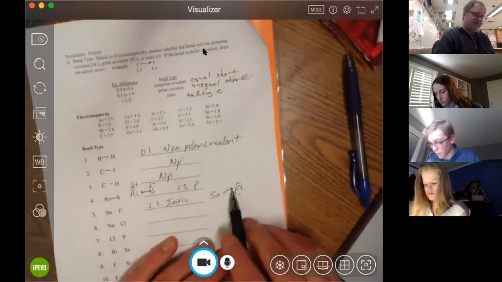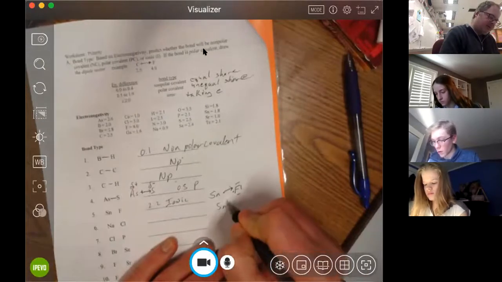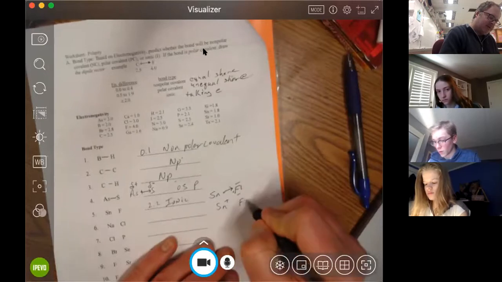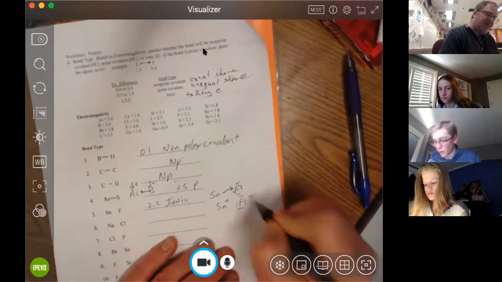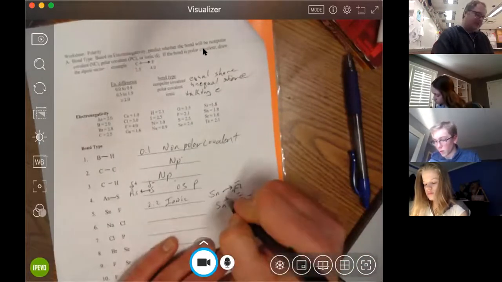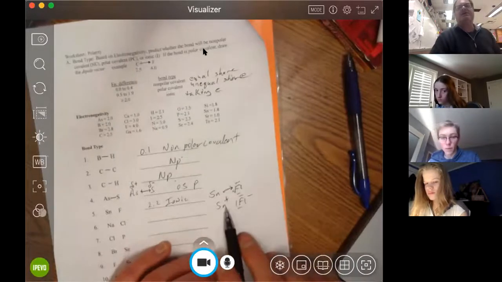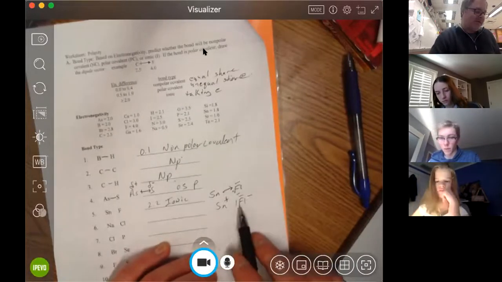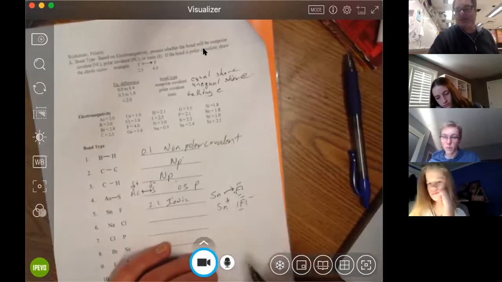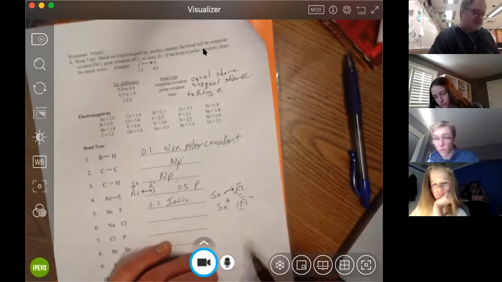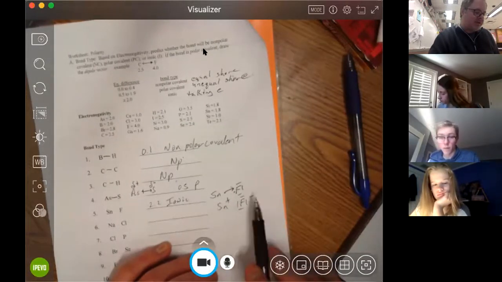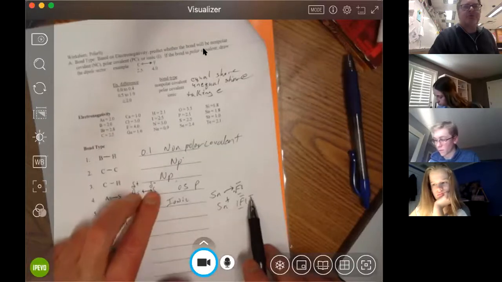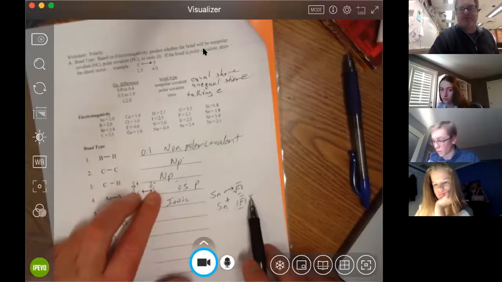So we don't leave this arrow here. We basically put the Sn like that and the F like that. Because it's ionic, the fluorine has taken the electron from Sn. So this is positive charge, negative charge versus partial positive and partial negative.